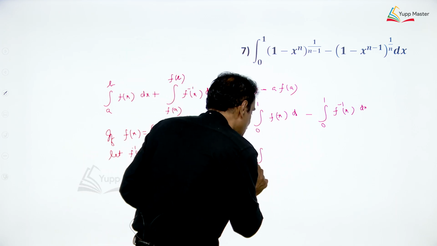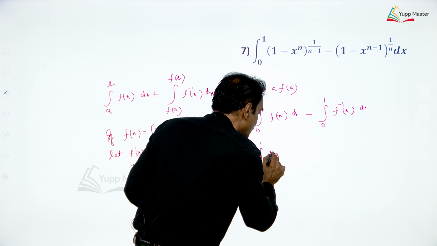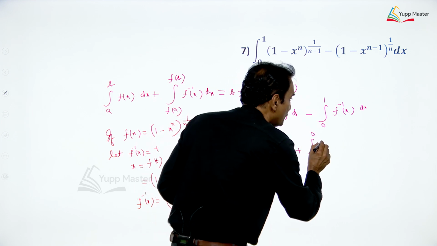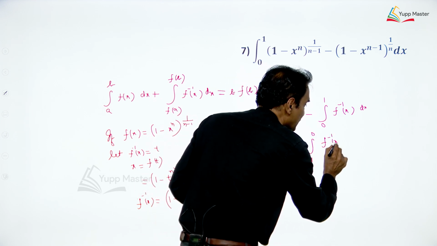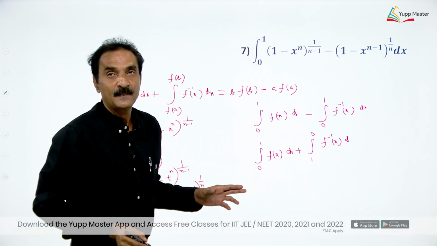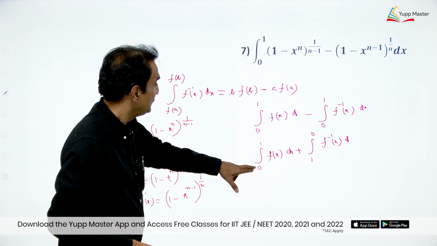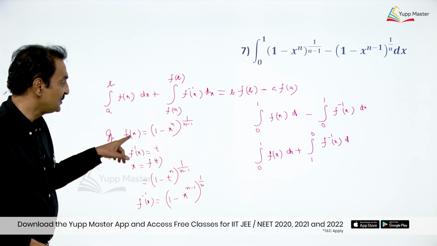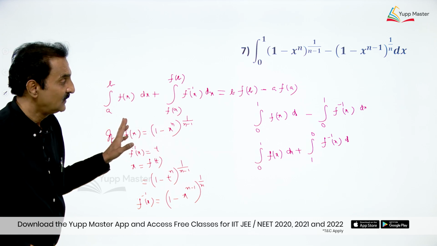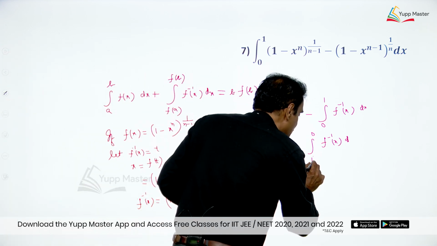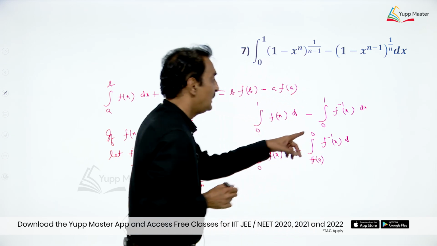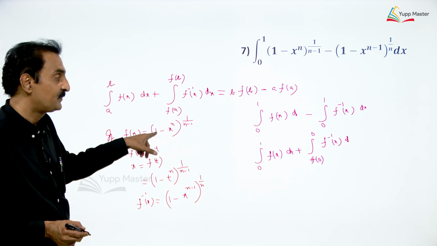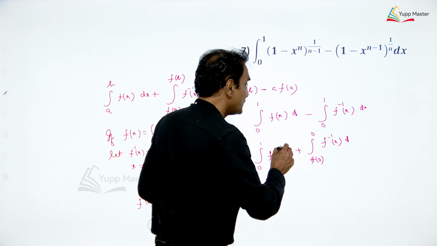Then you will get integral 0 to 1 f of x dx plus integral 1 to 0 f inverse x dx. Okay. Now, if x is equal to 0, what is f of 0? What is f of 0? It is 1. Okay. So, we can write this 1 as f of 0, and if x is equal to 1, f of 1 will be 0. So, I can write 0 as f of 1.